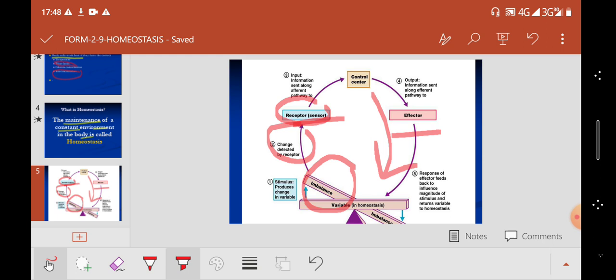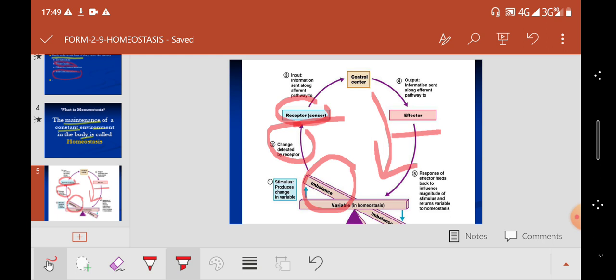The detecting organ here, we call it a receptor, or that organ which senses, is the kidney. The kidney will send an impulse to the brain, and then the brain will correct that first by making you drink water. There are so many mechanisms that are involved to it.